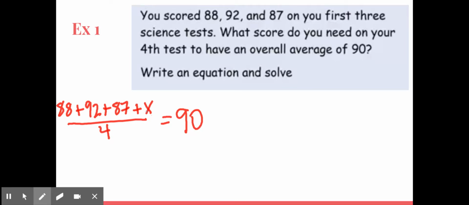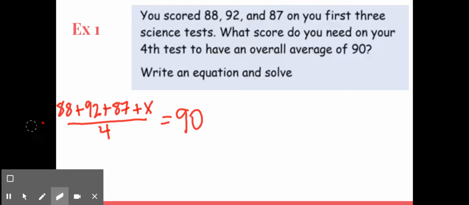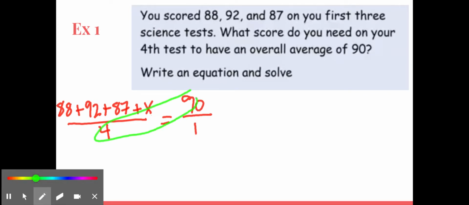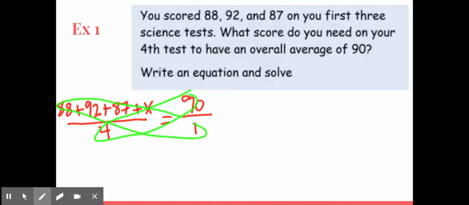Now in this time, you can go straight to multiplying both sides by 4. And if you want to see why we're multiplying both sides by 4, just put this 90 over 1. All numbers can be put over 1 to create a fraction. And when we do that, we can cross multiply. I like to call it the butterfly method.